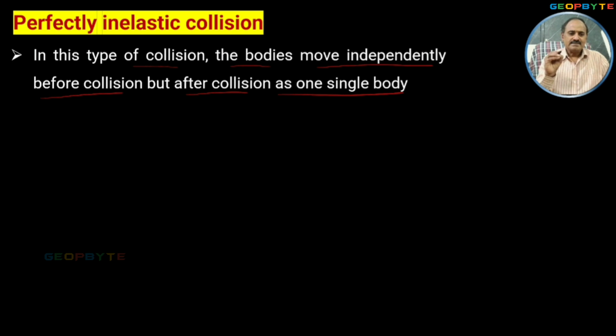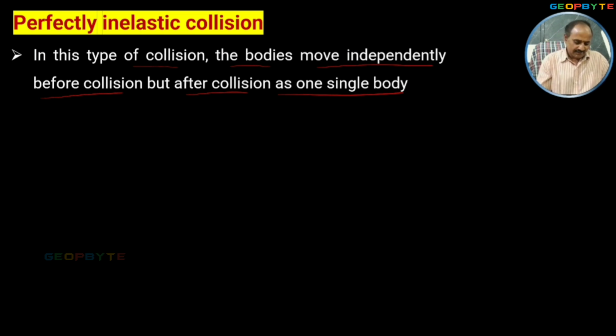In this case also, the momentum is conserved, but kinetic energy is not conserved. Kinetic energy is not conserved means the total kinetic energy before collision is not equal to the total kinetic energy after collision. It means some loss of kinetic energy will happen because of the perfectly inelastic collision.